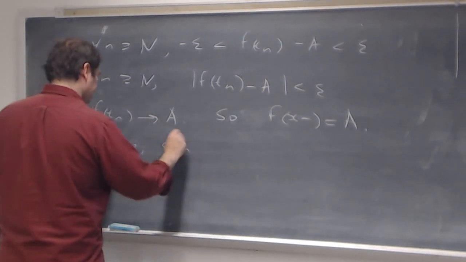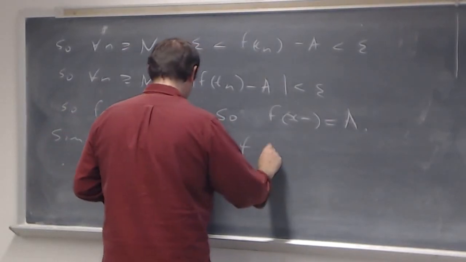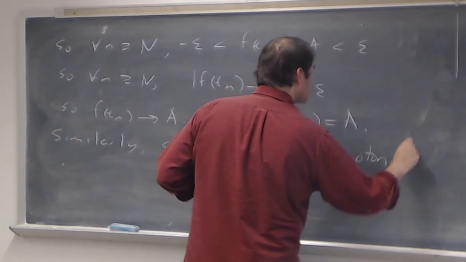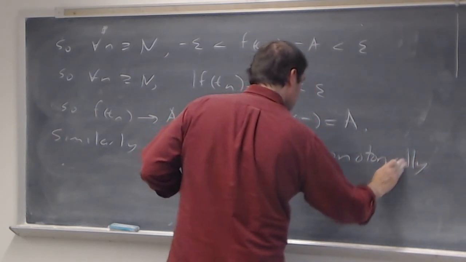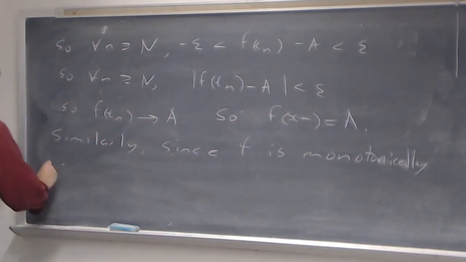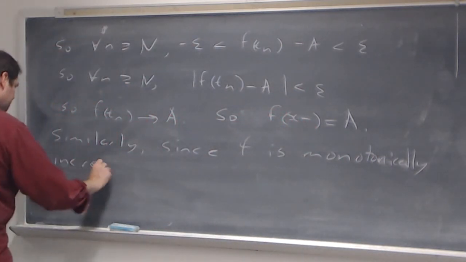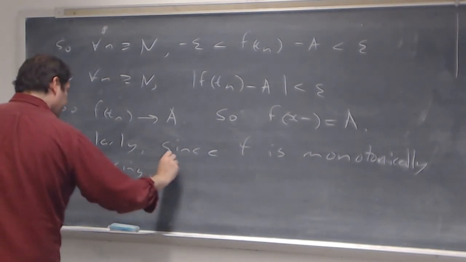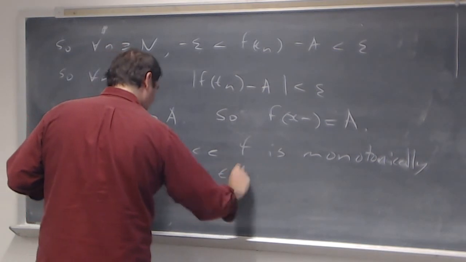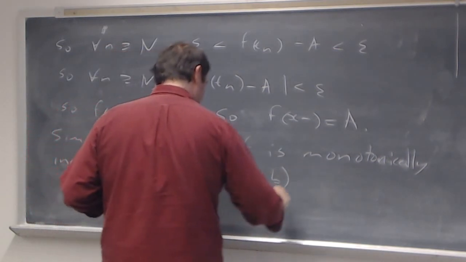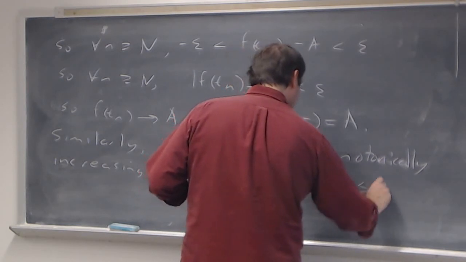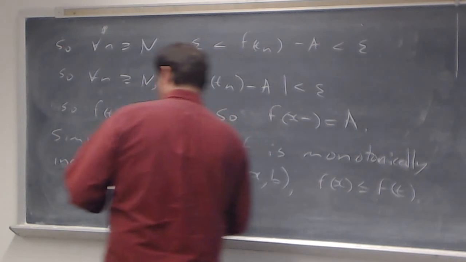So similarly, since f is monotonically increasing, for every t element of x to b, we're going to have f of x is less than or equal to f of t.